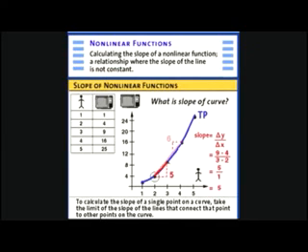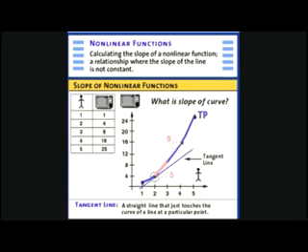Eventually what happens is if we let the point that we're looking at get closer and closer to our original point, we're eventually going to come up with a line that has a slope that is equal to the slope of the blue curve itself. Eventually what we get is what we call the tangent line. The tangent line is the line that just touches the blue curve.